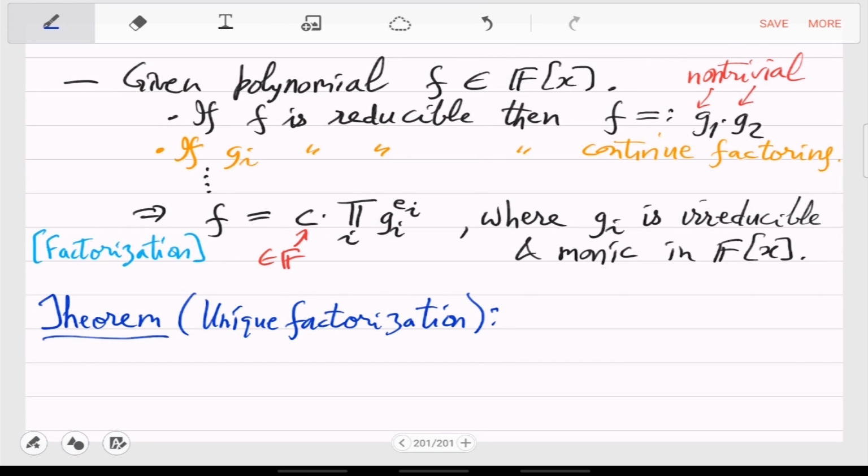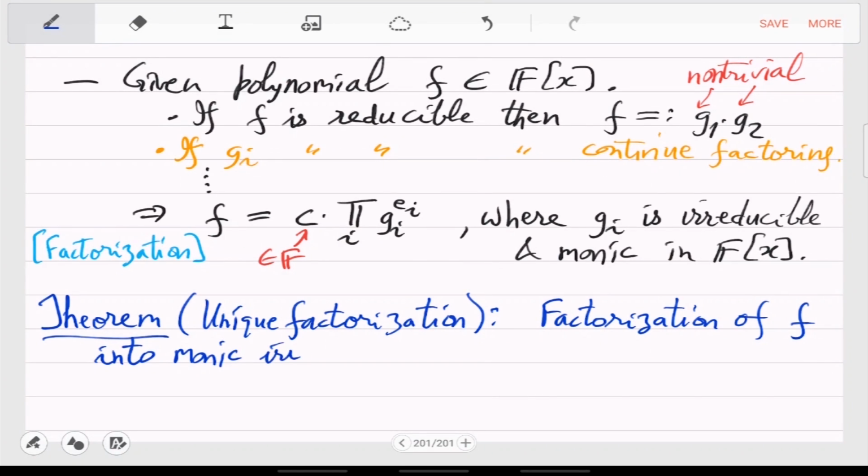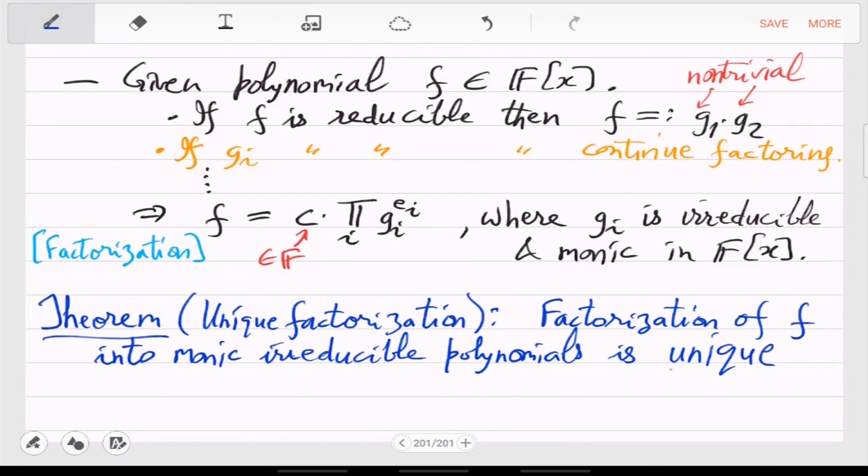The factorization of F into monic irreducibles is unique, obviously up to the ordering of these polynomials.